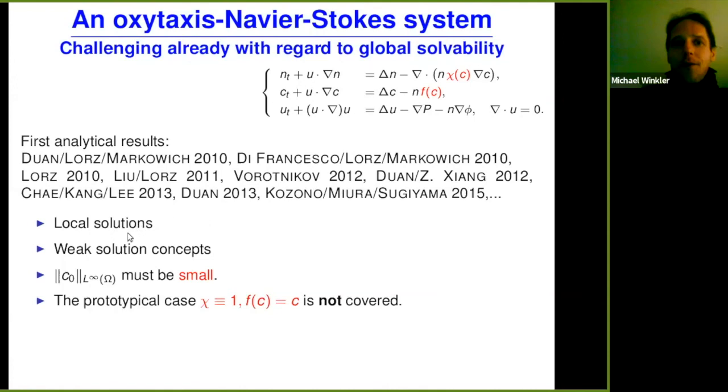They either address local solutions only, or only weak solution concepts, or impose some smallness conditions, for instance, on the initial concentration of the signal, or are such that the choices chi equal to 1 up above, or f equal to c, are not covered.